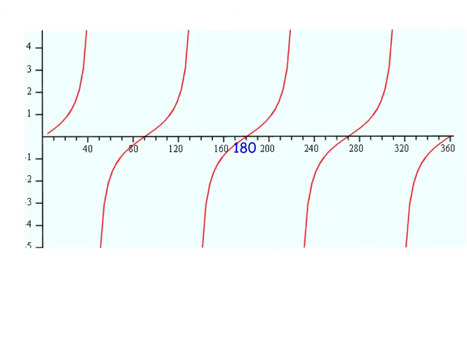Well, I've thrown in a little tan graph here just to test what you remember. Now the tan graph has no number in front because tan graph keeps going and going. It has no maximum value. But if you remember from a previous video, the tan graph started to repeat at 180. So it should repeat at 180.